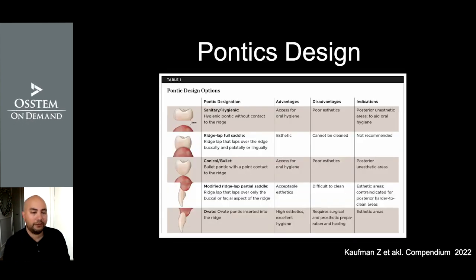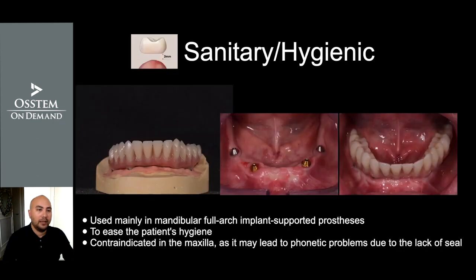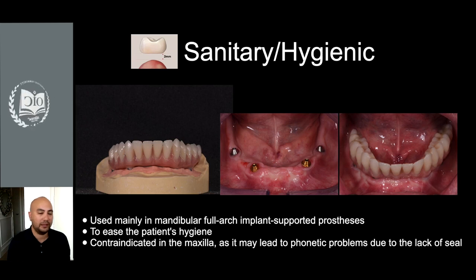We need to also be familiarized with the pontic design, and there's a recent article that basically describes the pontic design options that we have in implant dentistry. A sanitary hygienic pontic means that there's a gap of around 1 to 2 mm between the fitting surface and the distal ridge. This is used mainly in mandibular full arch supported prostheses, and it's easy for the patient to clean and maintain.